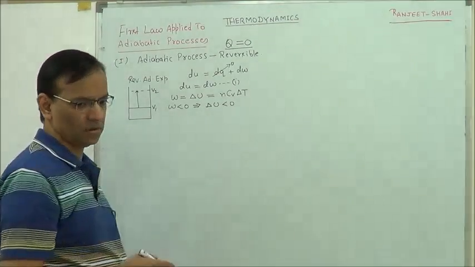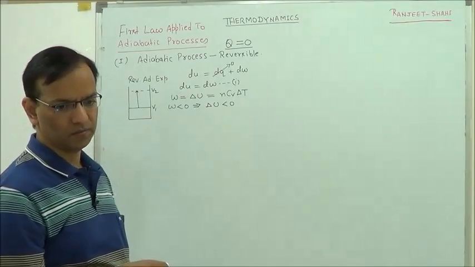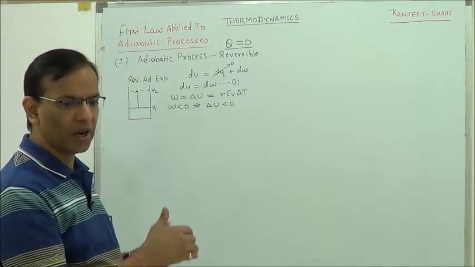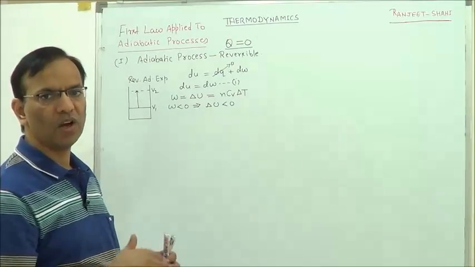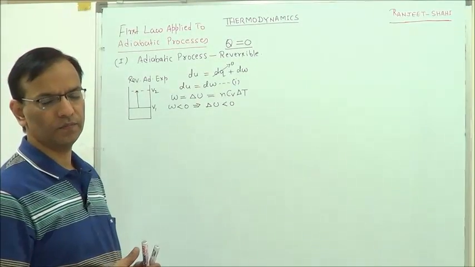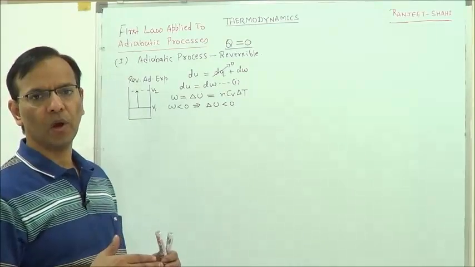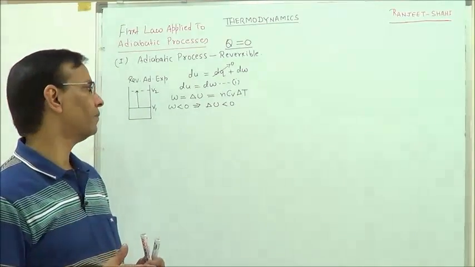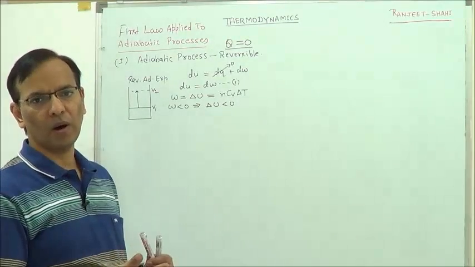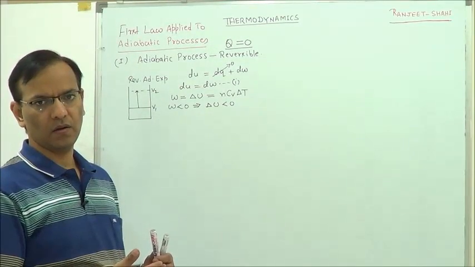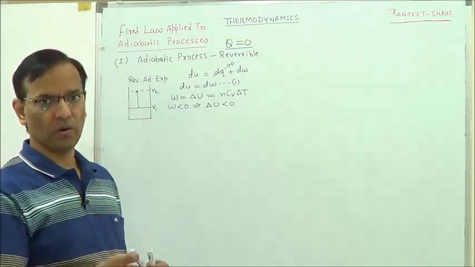It means in adiabatic expansion there occurs a decrease in internal energy, which is quite obvious because energy is not supplied from outside, but the system does work on the surrounding.